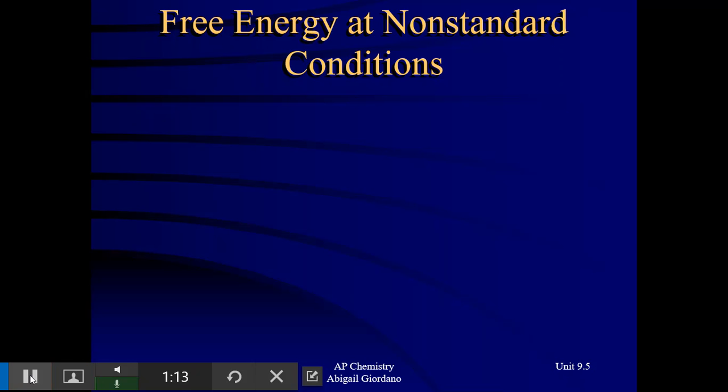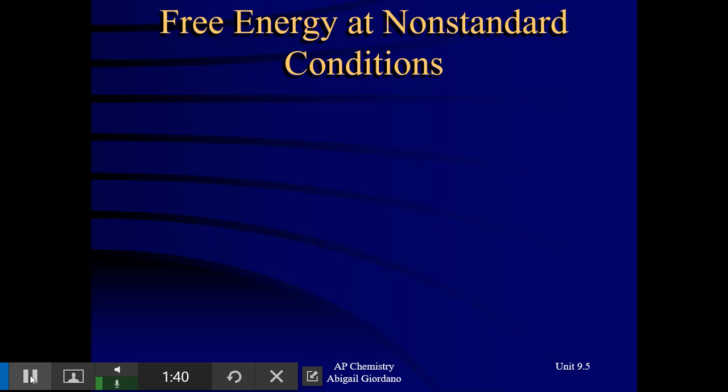All right, so let's just review for a moment what values of Gibbs free energy, delta G, indicate. Remember that if a delta G value comes out to be negative, that indicates that whatever process we're talking about is thermodynamically favored. If delta G comes out to be positive, it is not favored.